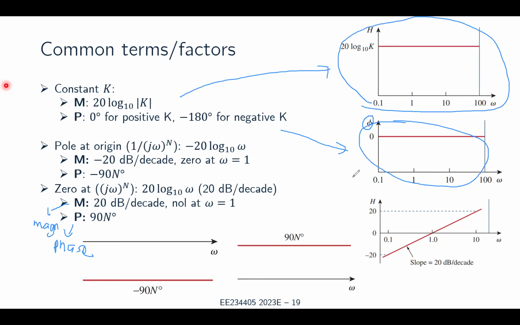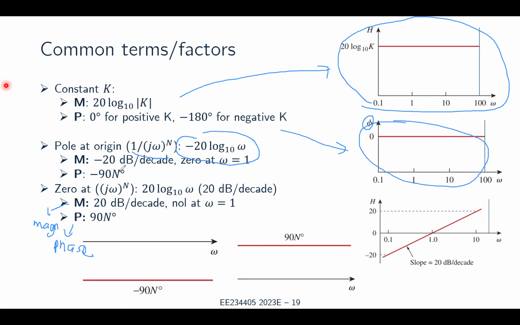Then the pole at the origin is 1 over (j omega) to the n. Here the magnitude is minus 20 decibels per decade, or this would be the decibel value of this.